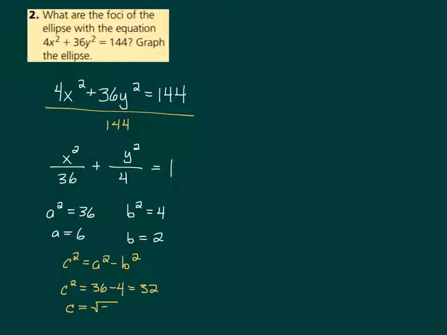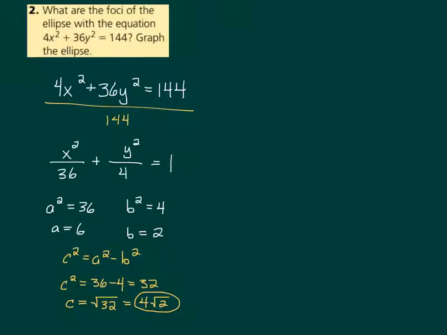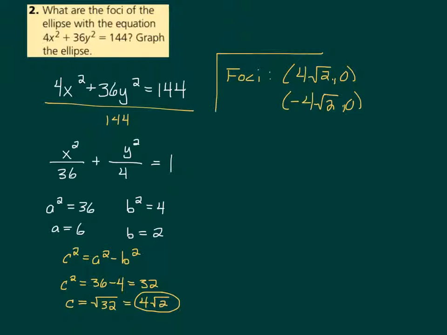So c is the square root of 32, which is 4 root 2. So then where are the foci? The foci are at (4 root 2, 0) and (negative 4 root 2, 0). And I know that the c should go in the x part because we have a horizontal ellipse.